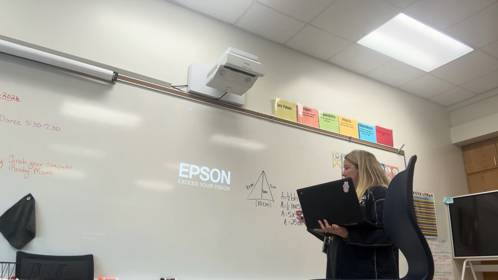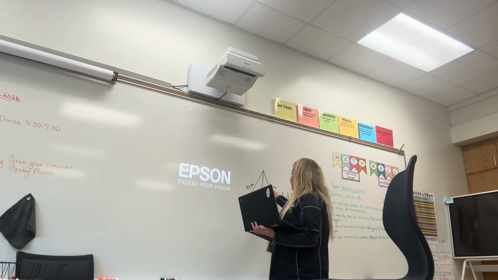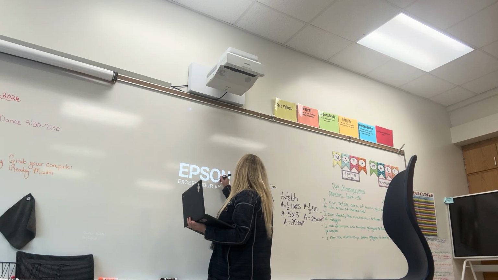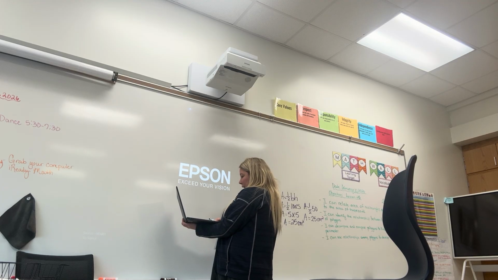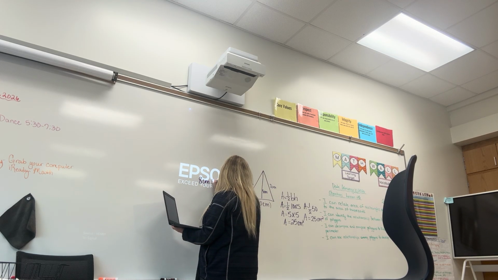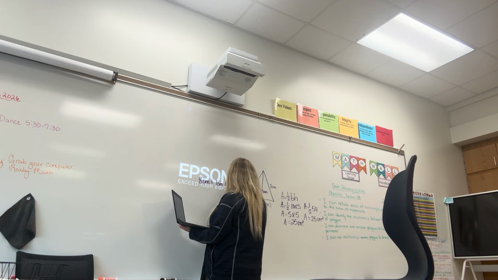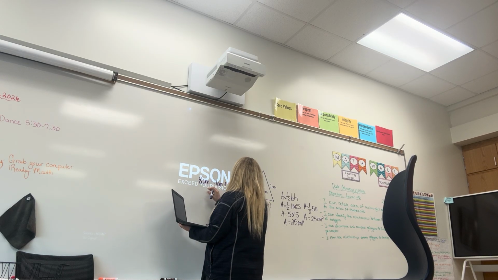So now I'm gonna find the perimeter. The perimeter asks us to add all sides. So for a triangle, I'm going to add 8 centimeters plus 7 centimeters plus 10 centimeters plus 5 centimeters.